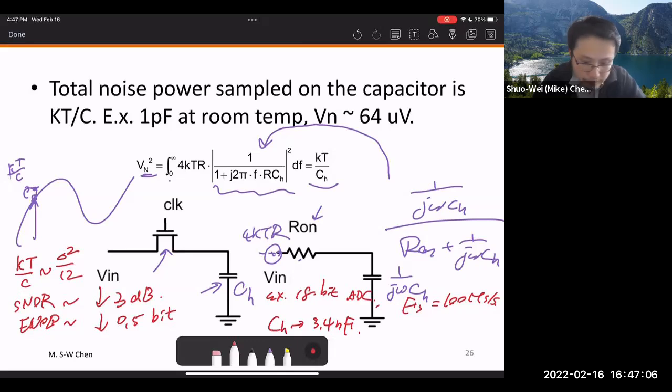Okay. So from this noise perspective, now I can determine the size of the sampling capacitors. But what about R on? How do I know what R on I need to design for?